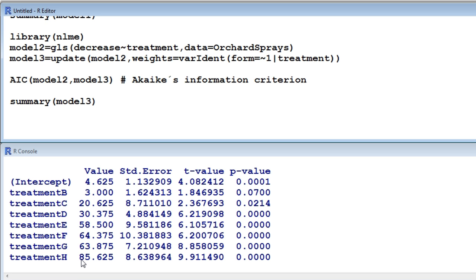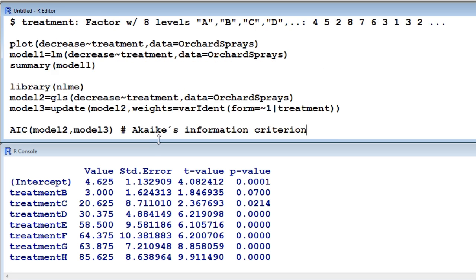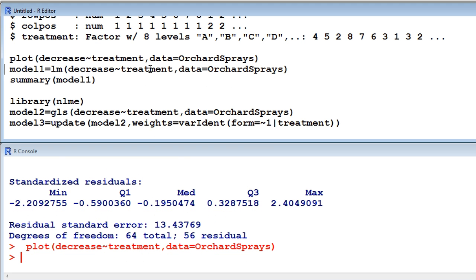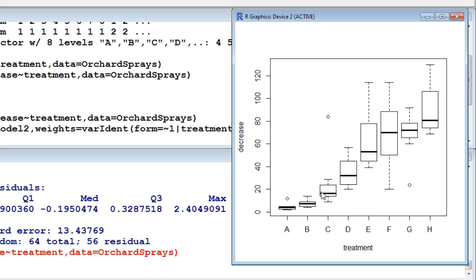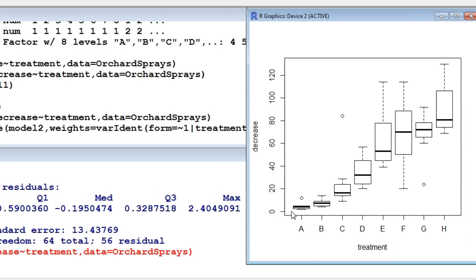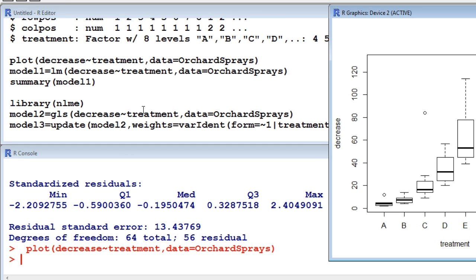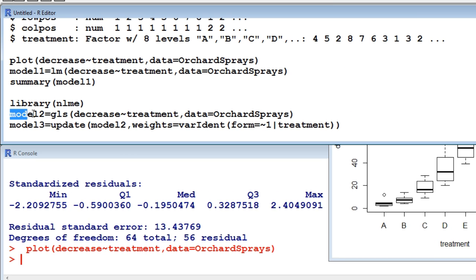It is actually the difference between treatment A and treatment H. And what we also learned is we can model very strangely behaved data where the variances are not constant. So let's look at the plot once more. We can account for these differences in variance here by using a generalized least squares, a GLS model, like model 2.